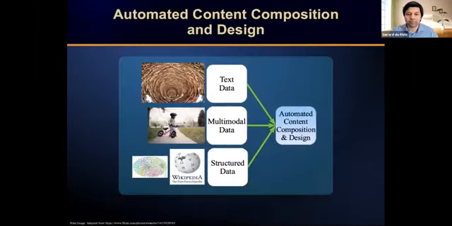And so overall, the general idea is we should be having systems that take different kinds of data and merge them and repurpose them into something condensed that can be automatically composed into some nice final user interface, and have designs that are reflective of the content and also reflective of the user needs.